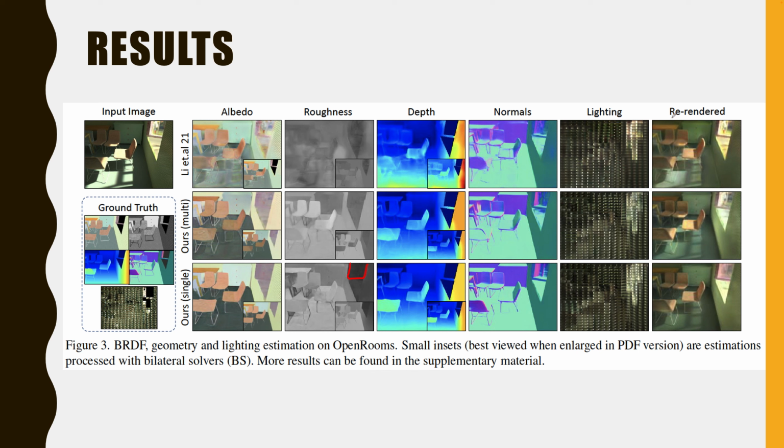The re-render is a kind of tricky thing to analyze because the re-rendering can be super close to the input image simply because you are optimizing those to exactly reconstruct the image, but you're not taking each of them into account to be realistic by themselves.